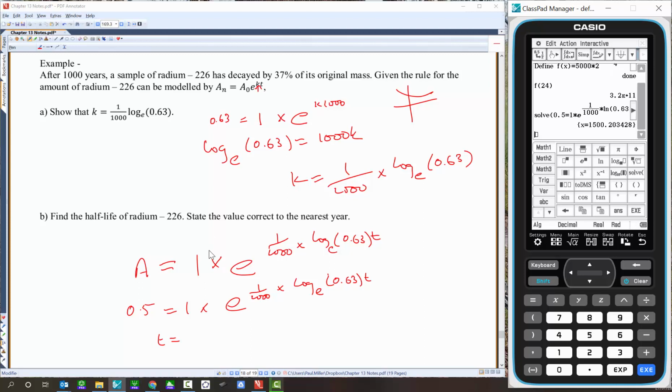There it is. T equals 1,500.20 and so on. Therefore, to the nearest year, 1,500 years. So after 1,500 years, the amount of radium-226 will be reduced by half.